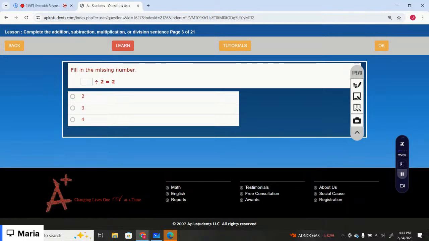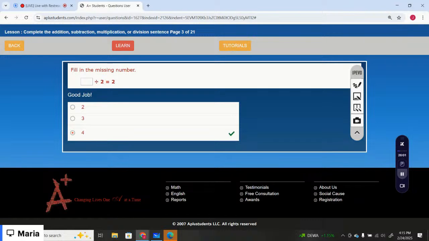What number divided by 2 equals 2? That is 4 divided by 2 equals 2. Option number 3 is the correct option. Very good.